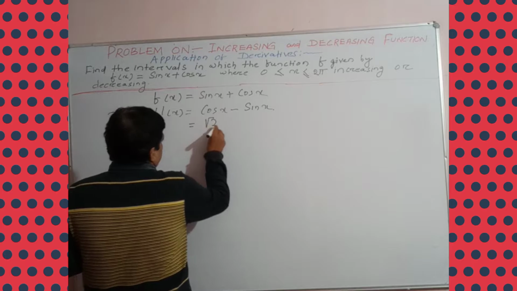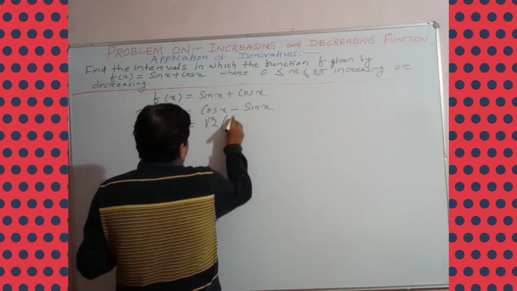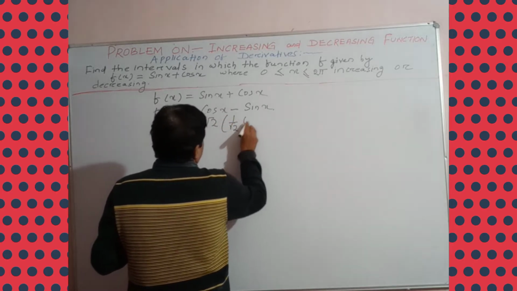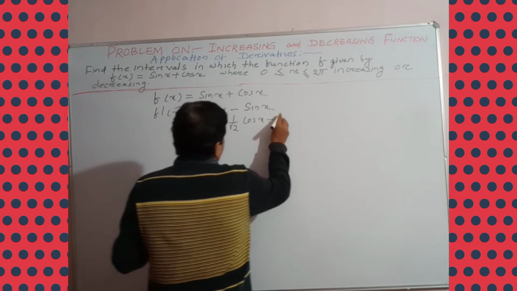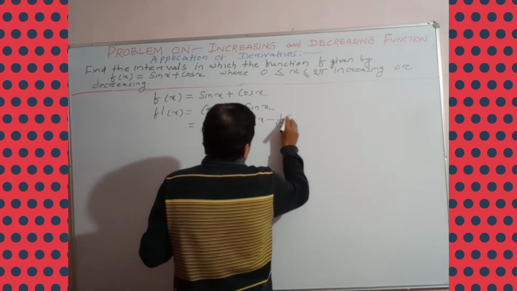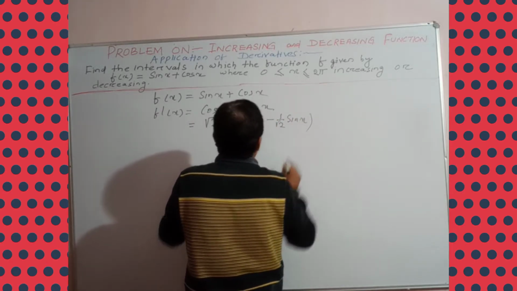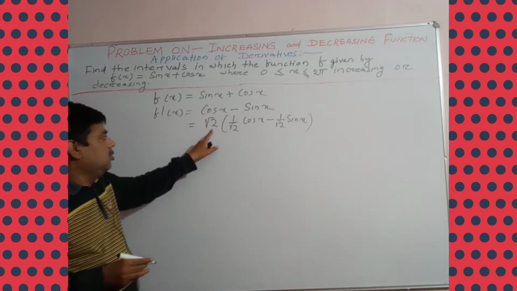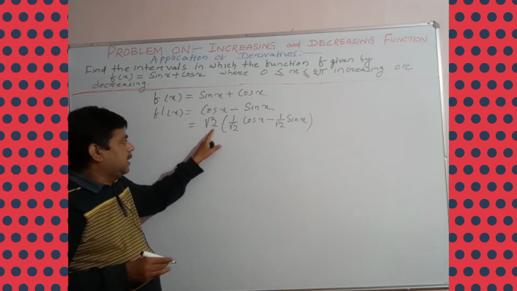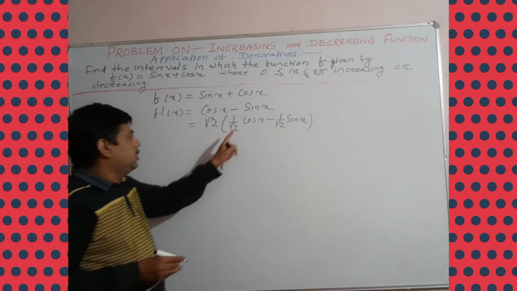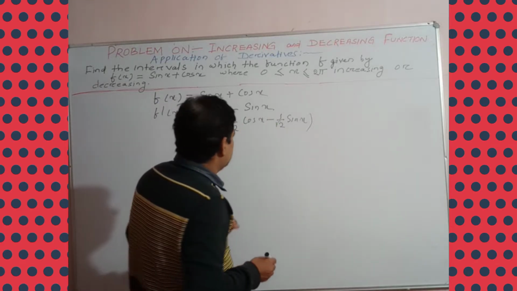Let us simplify this one. Write it as root 2 times (1 by root 2 cos x minus 1 by root 2 sin x). Here we multiply and divide by root 2, keeping root 2 before the bracket, and 1 by root 2 is multiplied with cos x and with sin x.